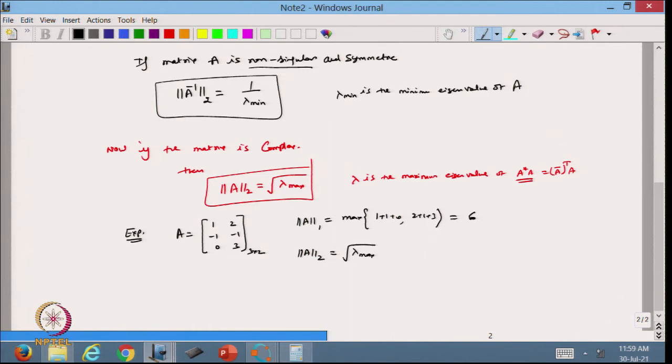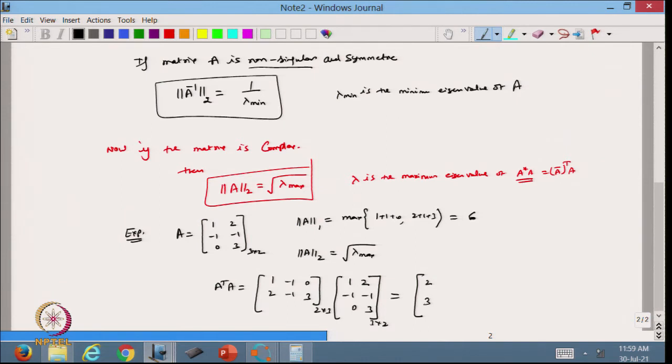Now, first I have to define what A transpose A is. So, A transpose A means I have to take 1 2 minus 1, 0 3, so this is 2 cross 3, and then I multiply by 1 2, minus 1 0, 3, which is 3 cross 2. So, now from here I am multiplying 1 into 1 plus 1, so it is 2, and then multiplying here, it is 2 plus 1, 3.